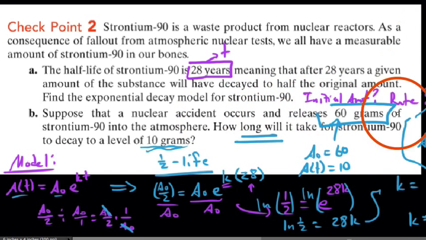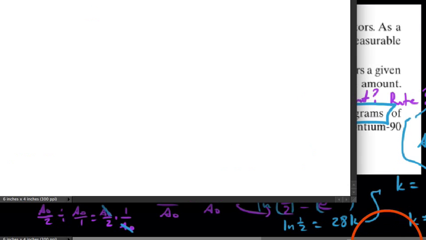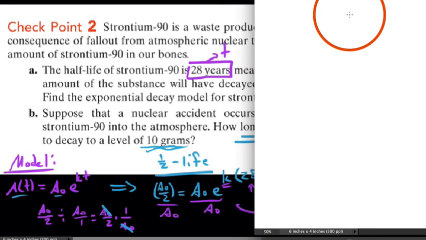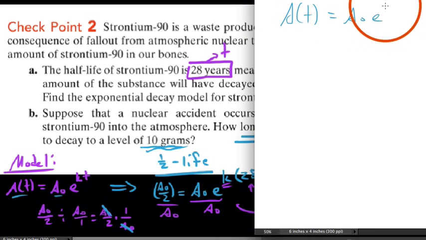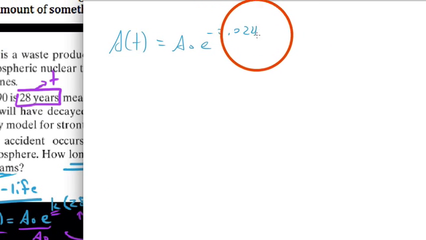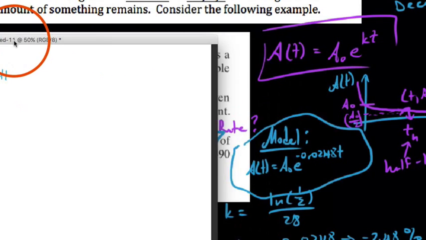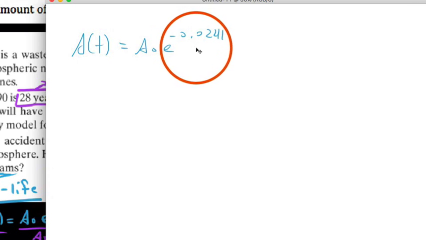I'm going to have to bust out another canvas here. There we go. Okay, so what we want to do is use our model here. We had A at a given time is equal to our initial amount times e to the negative 0.0248 time.